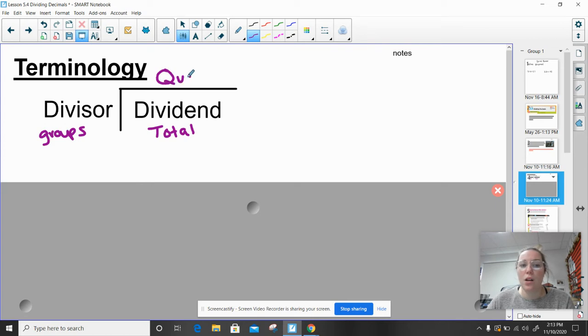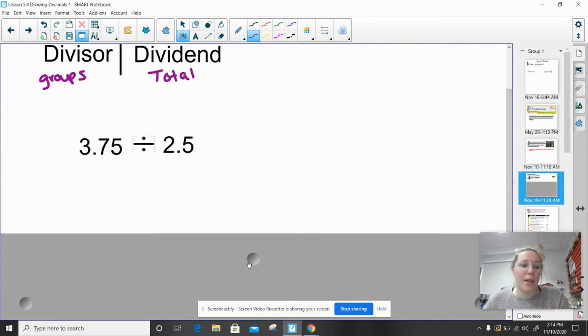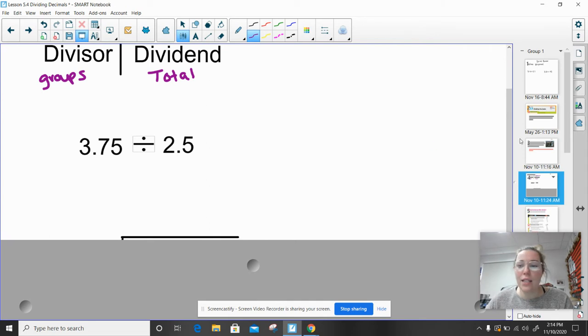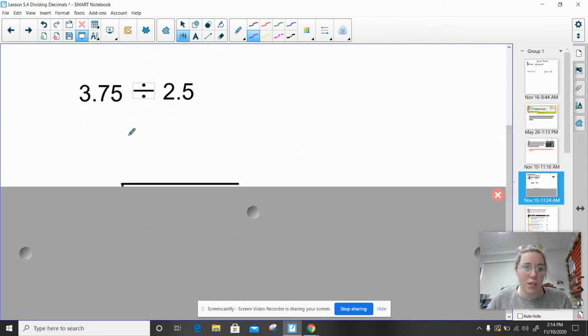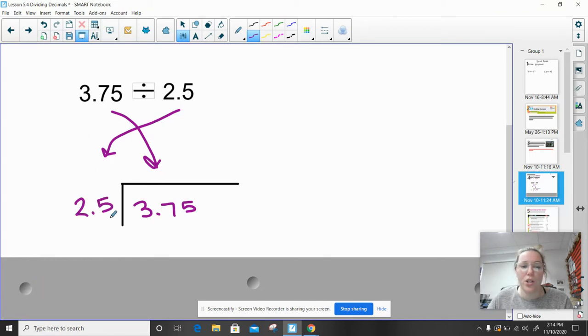Remember, our answer is called a quotient, and that quotient will end up on top. So when we have a problem like this, our dividend is always listed first. So our dividend goes inside the house, 3.75, and our divisor goes outside, 2.5. So they kind of switch spots, or they flip-flop around.